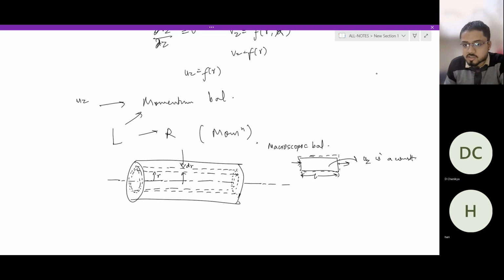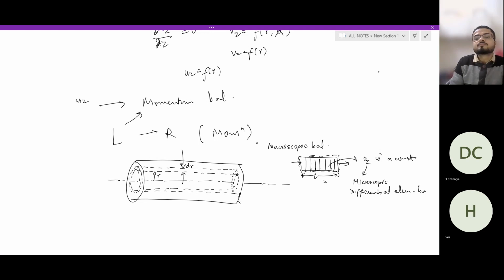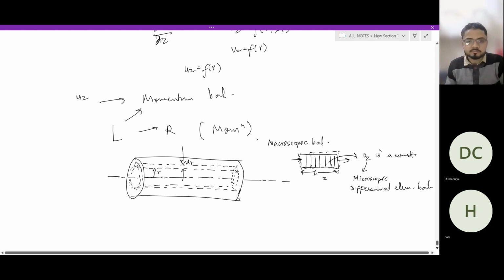Since uz might be varying at every point, in every direction z, you need to perform a microscopic balance, that is, a differential element balance. This should be clear, right?